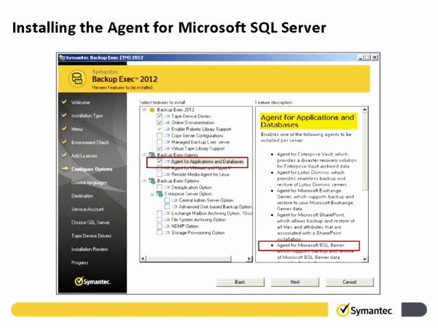When you purchase the agent for applications and databases, you have also purchased the right to put the agent for Windows on any SQL server that you are backing up. So the agent for applications and databases includes the agent for Windows that needs to be installed on this SQL server.